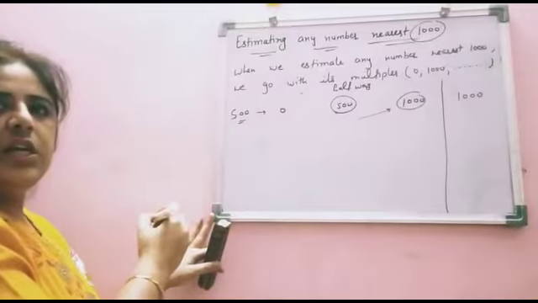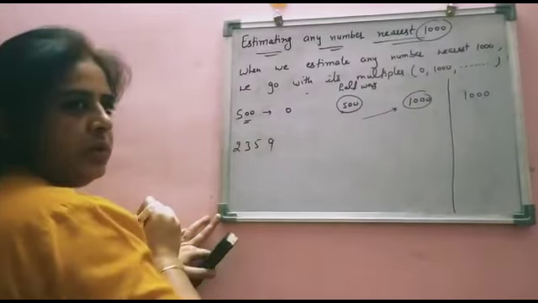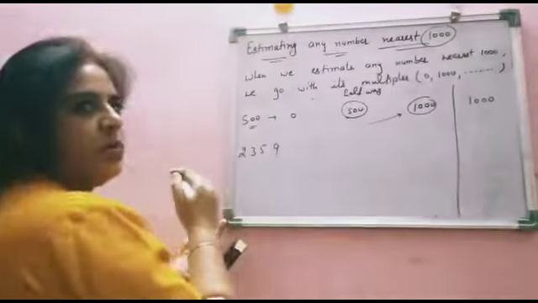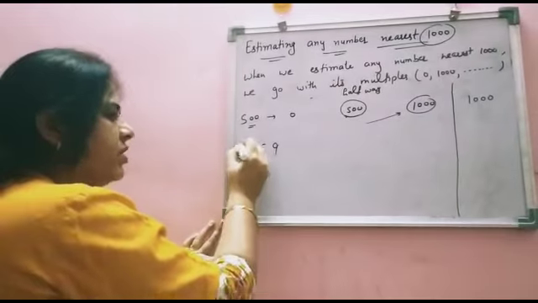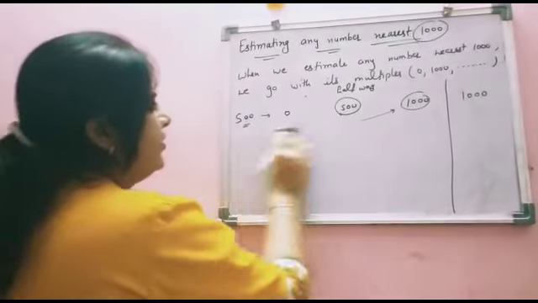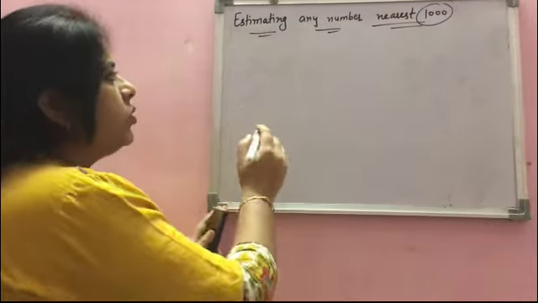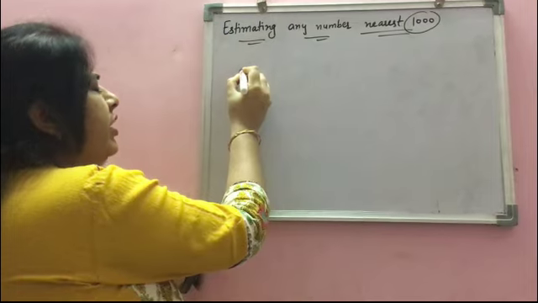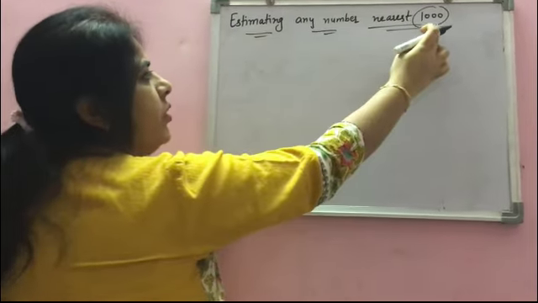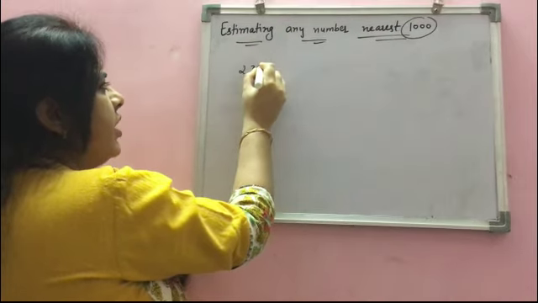Now, if we are taking an example of a 4-digit number and we go with the multiple of 1000, this is the 1000 place digit. Now students, we are taking any 4-digit number which we are going to estimate to nearest 1000. 4-digit, 5-digit, any number.